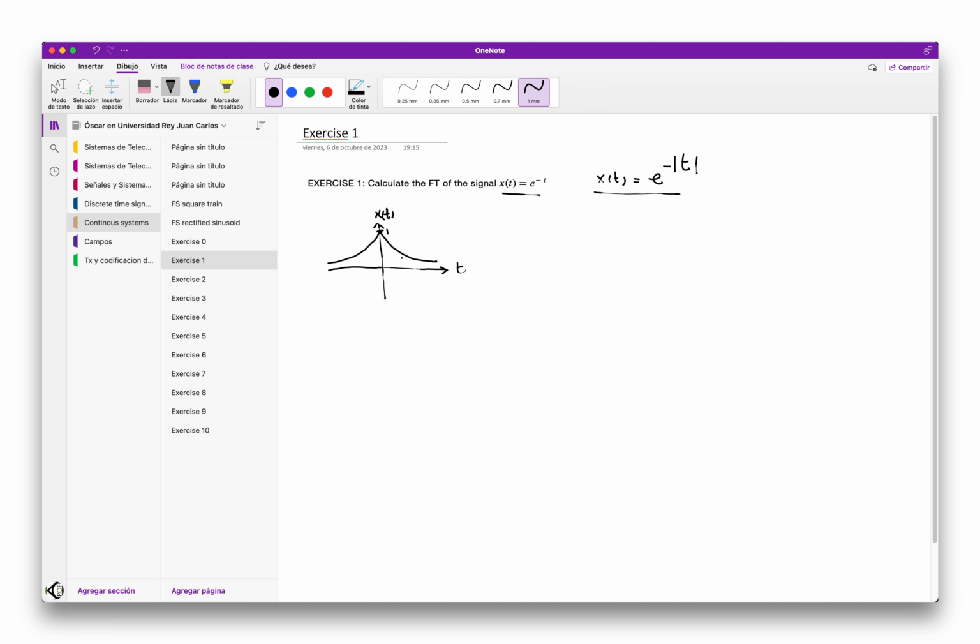What we see is that this signal is just two signals added together.